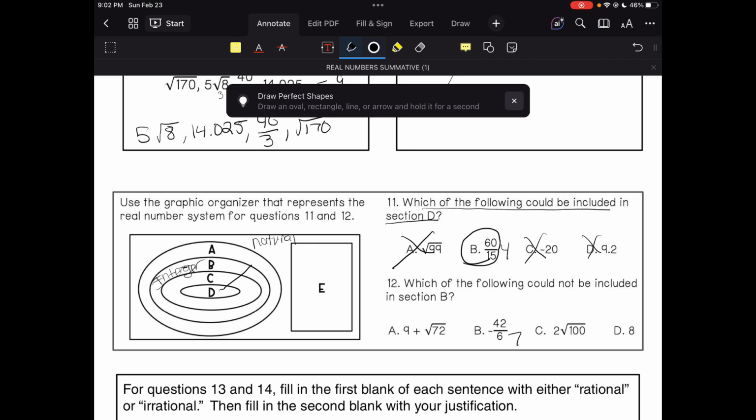So that would belong in E over here in irrational. So that definitely wouldn't belong in B, but let's double check these ones. 2 times the square root of 100 is 2 times 10. So that would be 20. So that's a whole number, and so is 8. So your answer would be A.